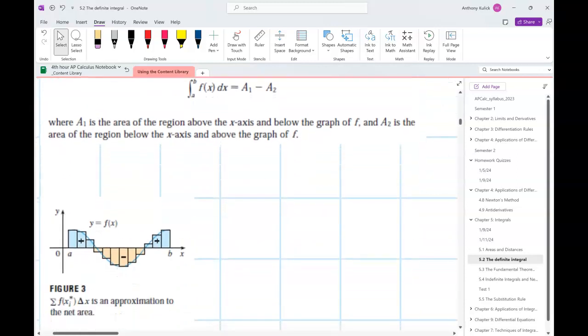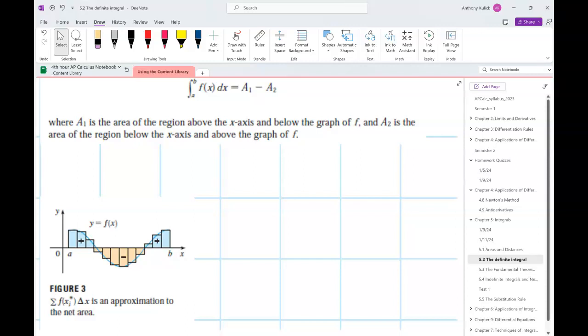If I look at this picture, notice the curve goes above the x-axis and below the x-axis. The rectangles below the x-axis have negative area. The rectangles above the x-axis have positive area. How do I calculate the area under the curve? I just add up the positive and negative parts respectively, and it's like a net area.